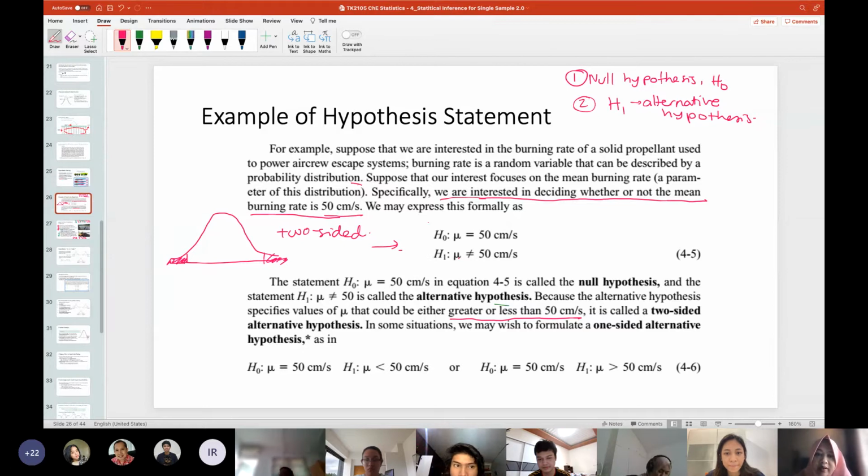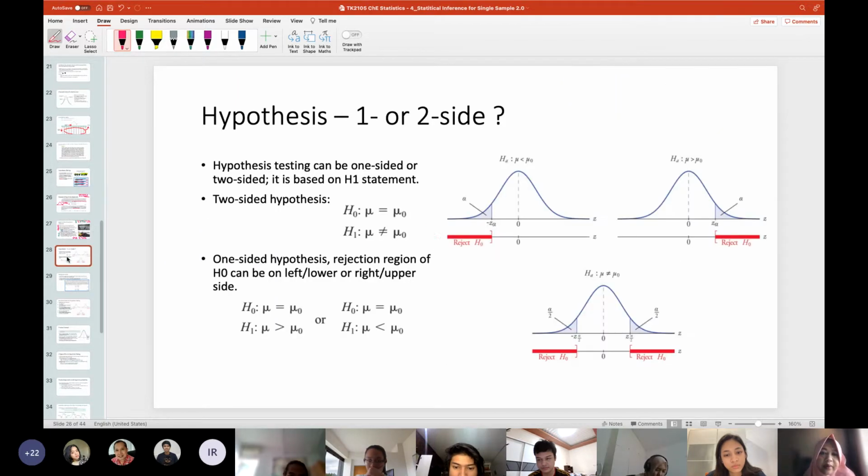So the equal statement we will say equal to 50, while the alternative hypothesis is not equal to, ketidaksamaan, ya. If it is not equal to, tidak sama dengan, then it is a two-side tail.